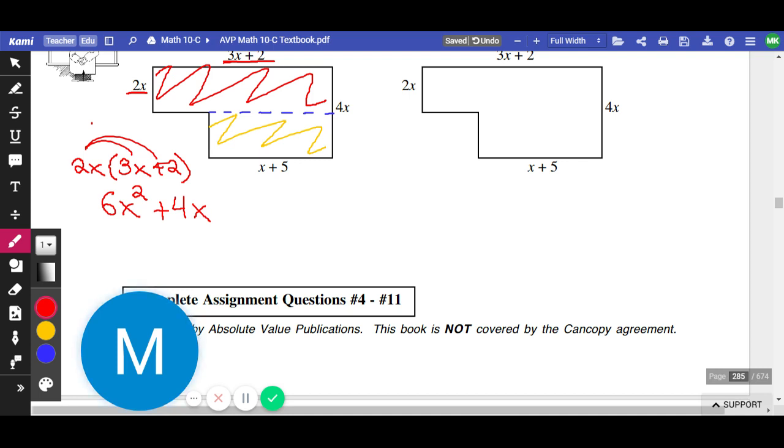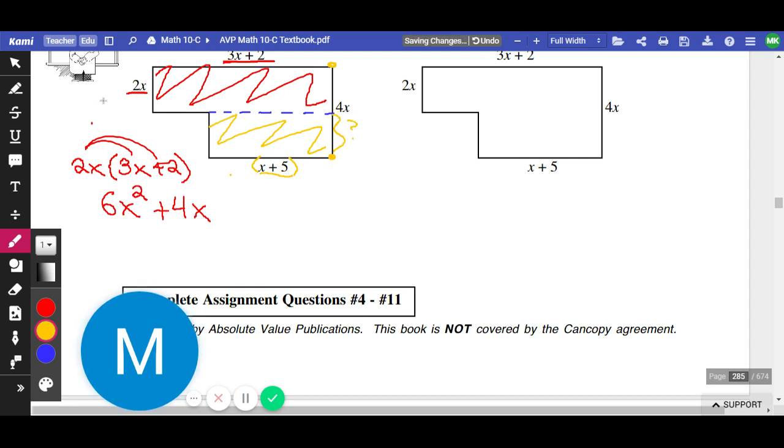Awesome. Now we got to figure out the area of the yellow one, which is a little bit harder. The reason it's a little bit harder is x plus 5 is my width. But my length is not 4x. 4x is the distance from here to here. We want this distance right there.